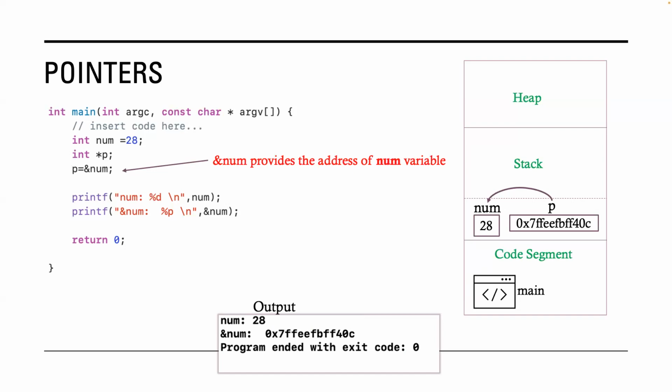So it's like the pointer points to this num variable because this pointer has the address of the variable.